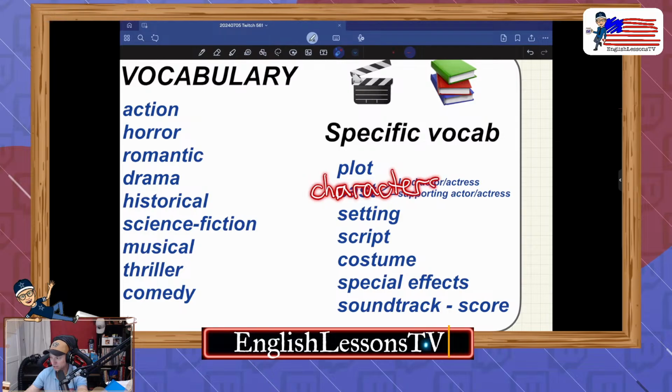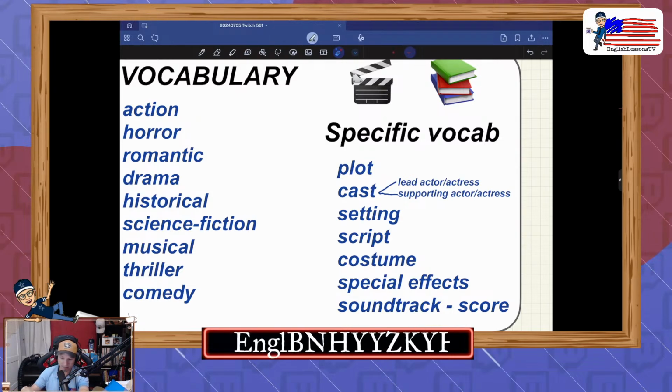Okay, the characters. Then you have the setting, which is the area or the location where the book or the movie is set. Maybe it is in the Victorian era in the 1850s. Also very important is the script.